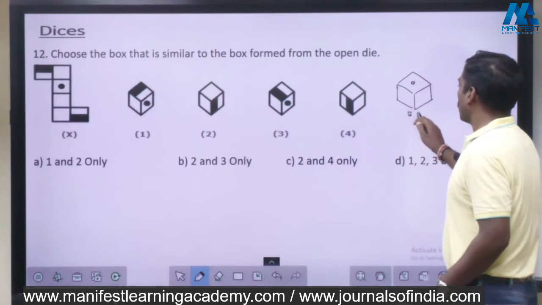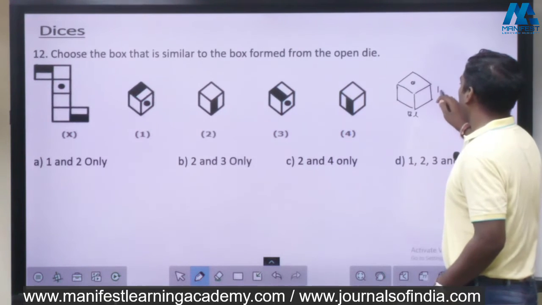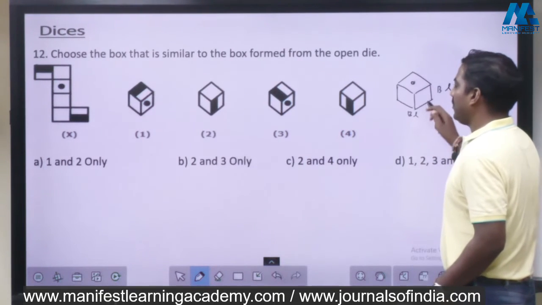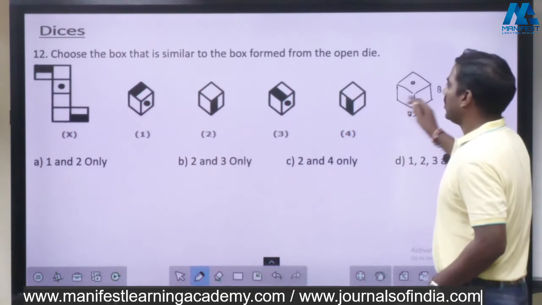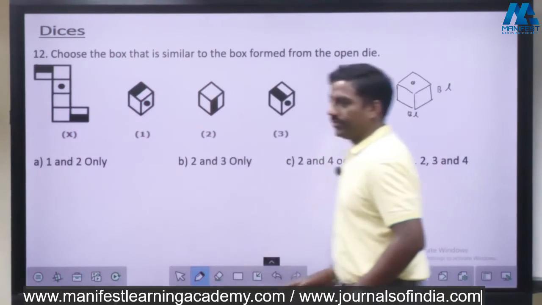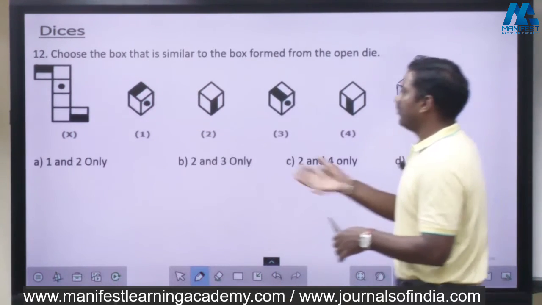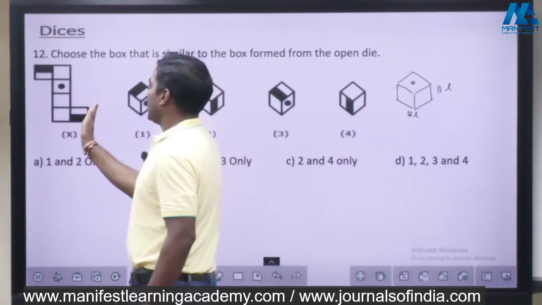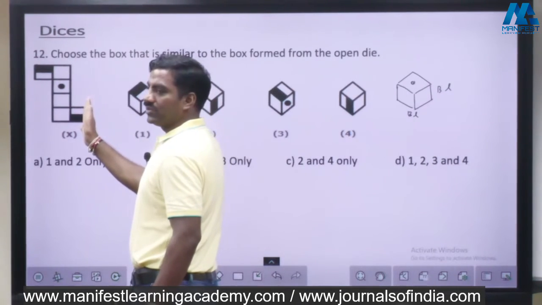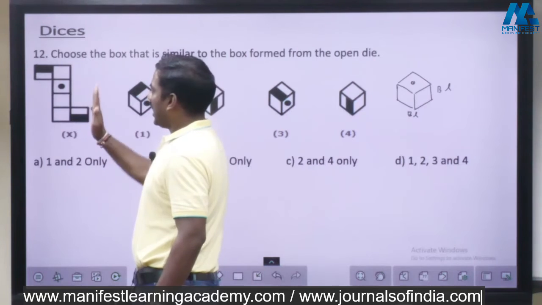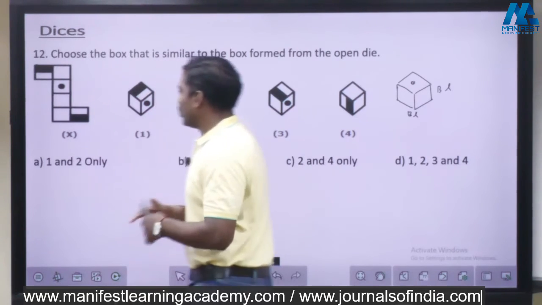One more blank in the bottom and one more blank in the side. So I am taking this one, this shade, just see, it will fold like this and come like this.